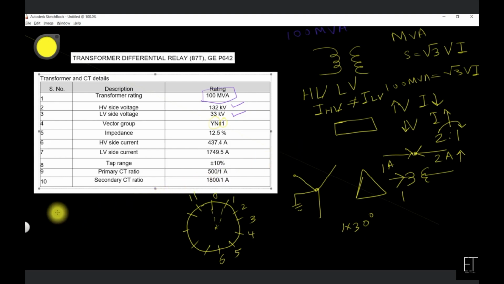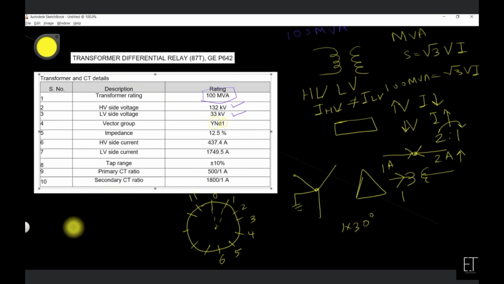Even if the system is balanced and healthy, and even if we compensate the magnitude difference, the transformation difference, because of the phase shift there is a possibility of differential current flowing into the relay. So this is another thing that we need to compensate in our differential relay setting calculations.